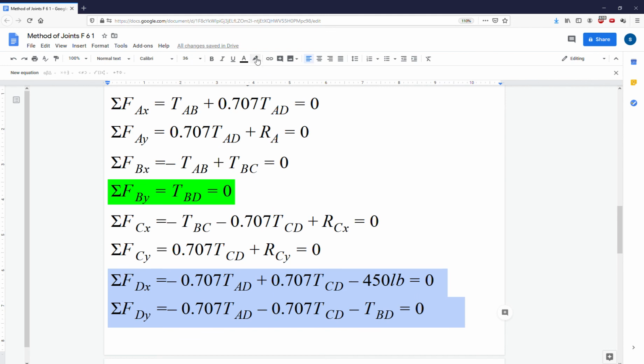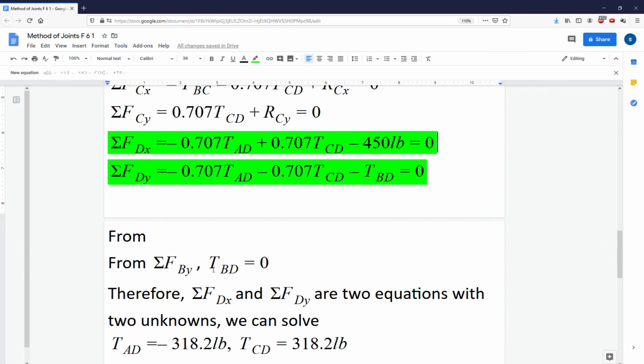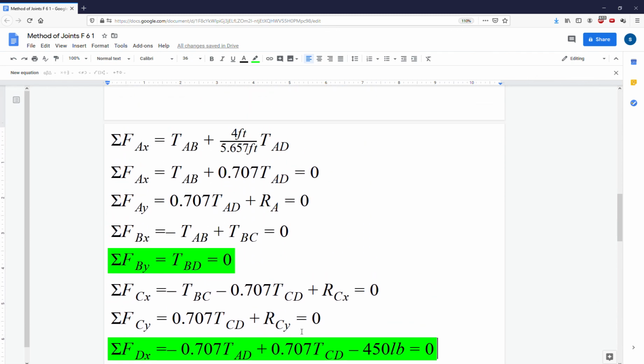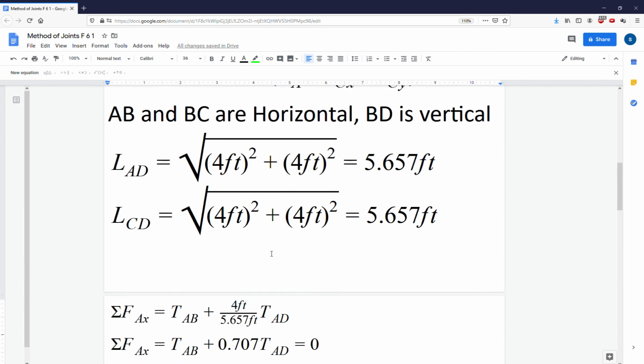We have used those equations, so I'm going to highlight them. So now we know TBD, TAD, and TCD. The only two unknowns left are AB and BC.